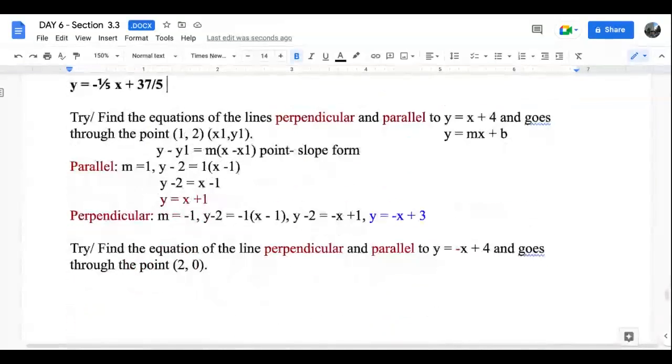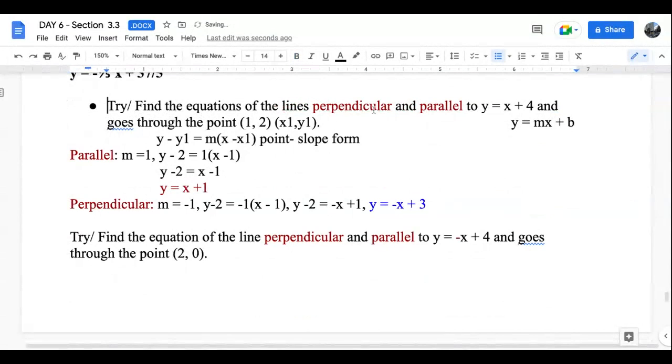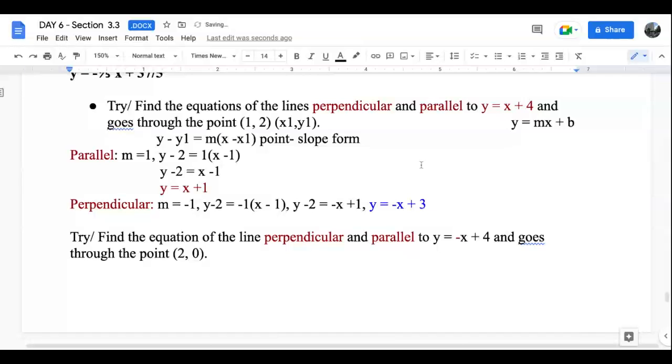Okay, let's see this example. This example asks for the equation of a line parallel and a line perpendicular to this given one, both going through this point, 1, 2. So we need to find two lines. Well, let's find the parallel one first. Parallel lines have the same slope. What's the slope here? 1, right?